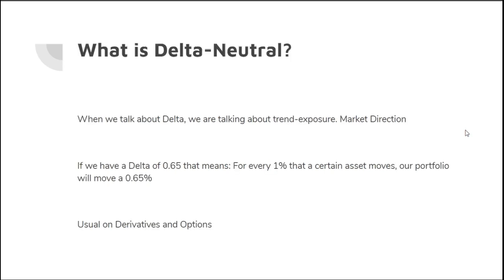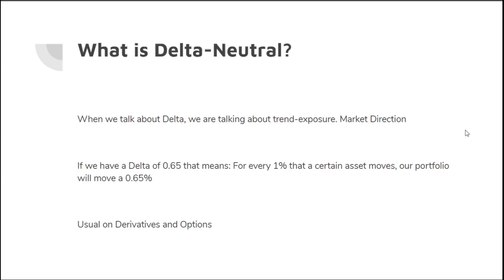When we talk about delta, we are talking about exposure to the market direction. If I have a delta of 0.65, this means for every 1% that a certain asset moves, our portfolio will move 0.65%. This is a usual measure on derivatives and options, more on options than other derivatives, but how can we extrapolate this into Forex and CFDs and futures?